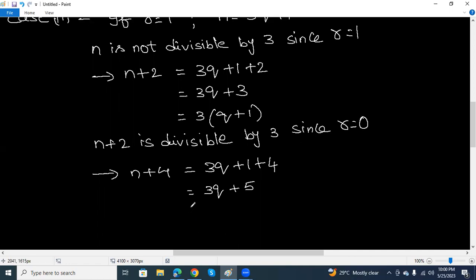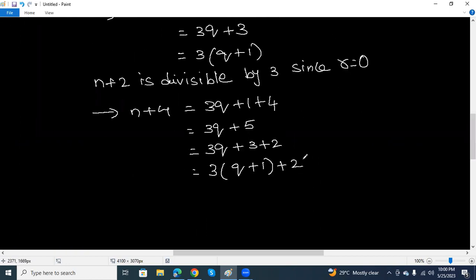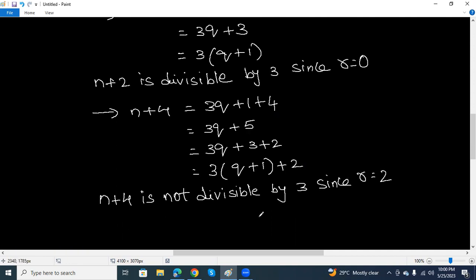You can't take out a common 3 directly, so you split this with a 3. So now we can take out 3, giving q plus 1 plus 2. This is a multiple of 3, of course, plus 2 as the remainder. So n plus 4 is not divisible by 3, since we got 2 as the remainder.